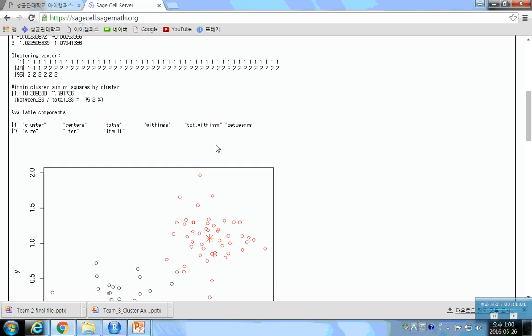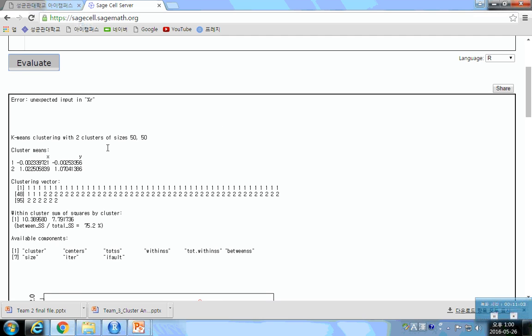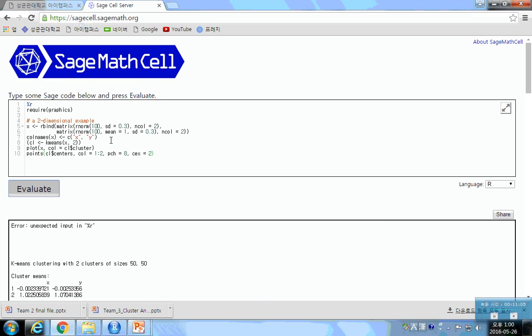Like Team 2 introduced before, we use R code.